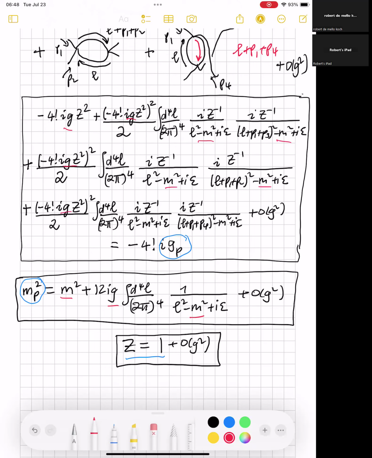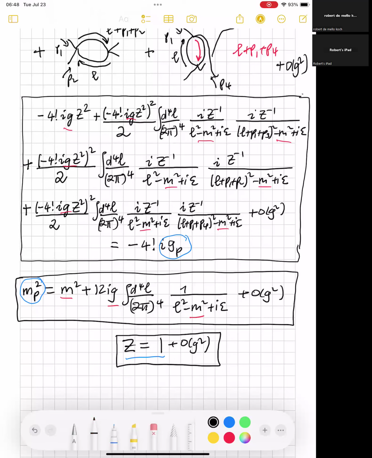So you could actually solve for these unknowns, m and g, and you could work out what m and g are in terms of the physical coupling and the physical mass squared, which are actual numbers. Once you've fixed m and g, every other quantity that you calculate will be an actual number, and you can compare it to experiment. So this would be called doing the renormalization of phi-4 theory to one loop.